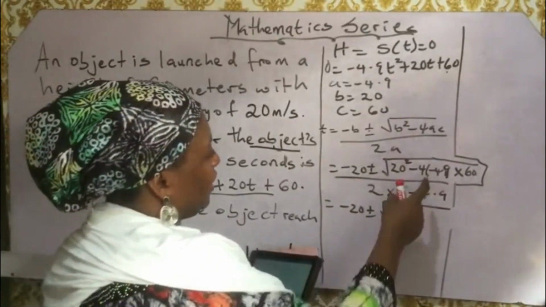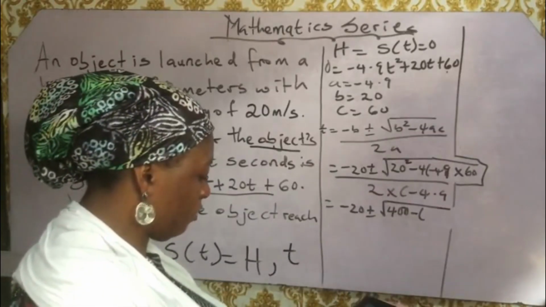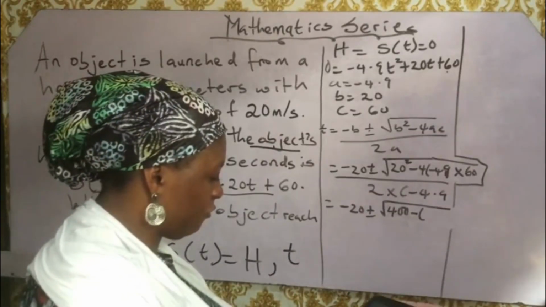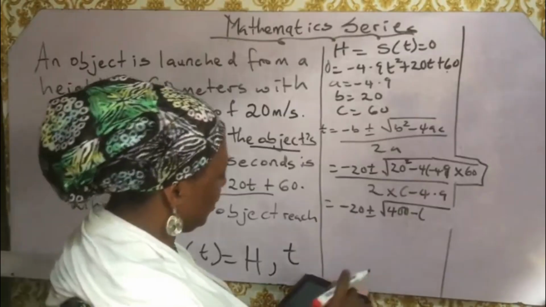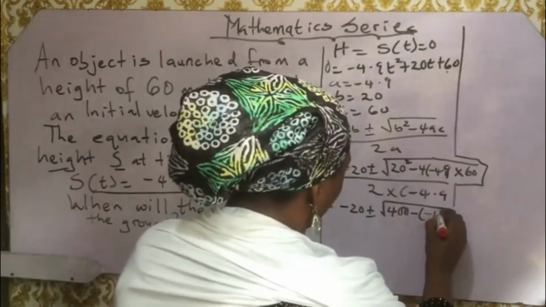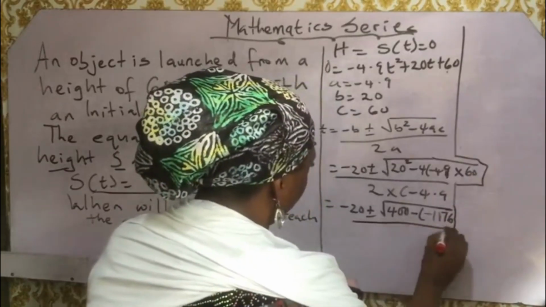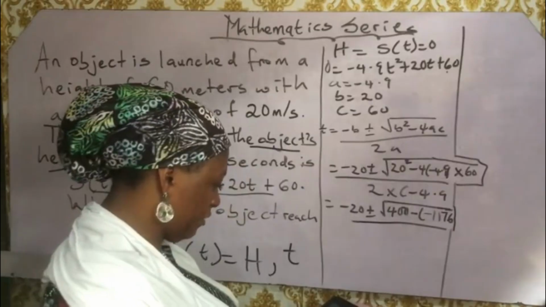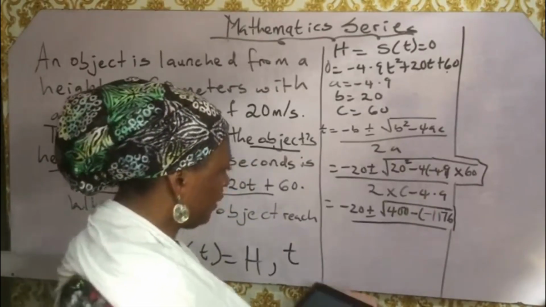So let's evaluate this with our calculator. That is 4 times negative 4.9 times 60. That gives us negative 1176, divided by 2 times negative 4.9, which is negative 9.8.